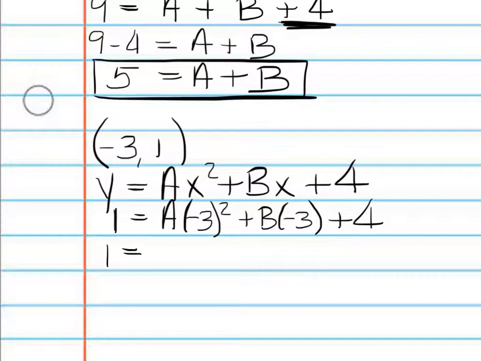The quantity squared of negative 3, that's been a quiz question. What is the quantity squared of negative 3? It is not negative 9. It's positive 9. So 9a, and then we have negative 3 times b, so that is minus 3b.